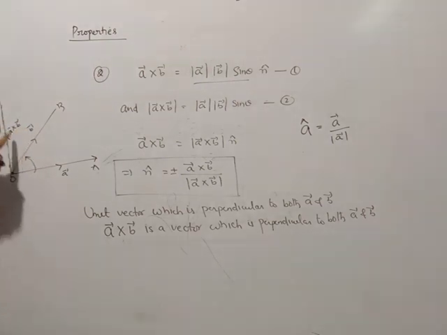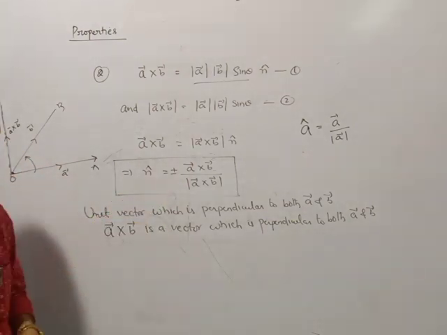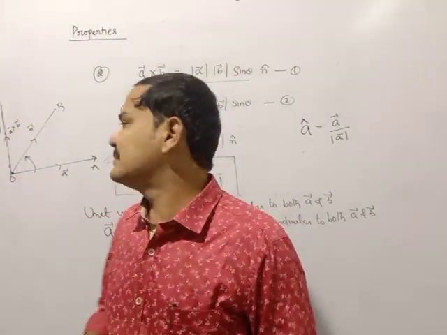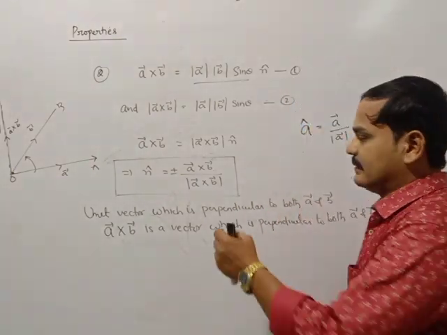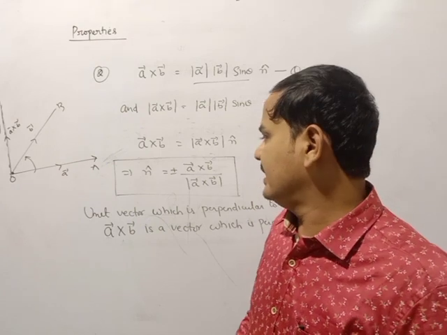If you need the unit vector, you divide it by its magnitude. So finally, A bar cross B bar is a vector which is perpendicular to both A bar and B bar.